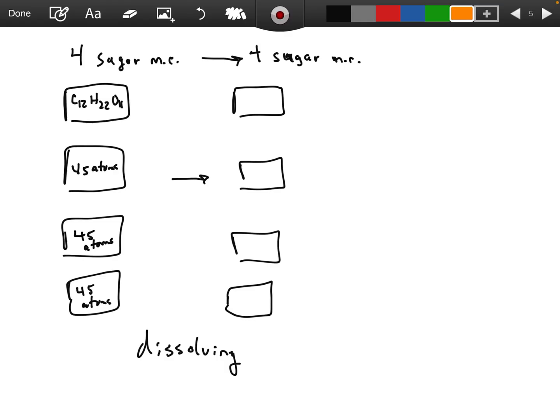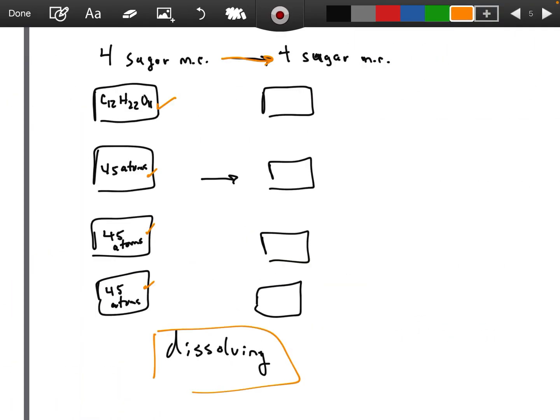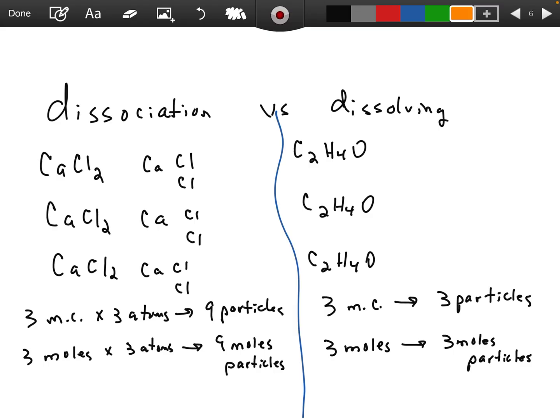Sugar. If you have 4 sugar molecules and you dissolve those into water, you're still only going to get 4 sugar molecules, even though each sugar molecule has this formula, which is 45 atoms. Those atoms do not break apart. This is dissolving. That is dissociation. Another example. Let's say that you have calcium chloride. Well, this has 3 atoms, 2 there and 1 there. 3 molecules times 3 atoms means you get 9 particles.